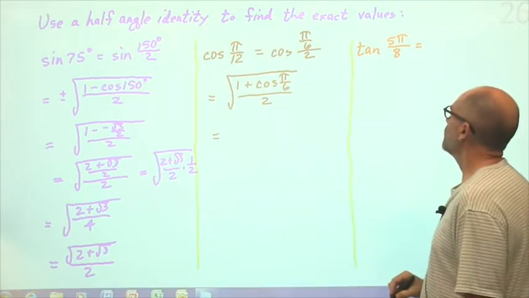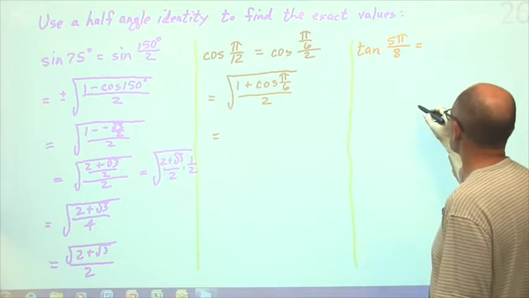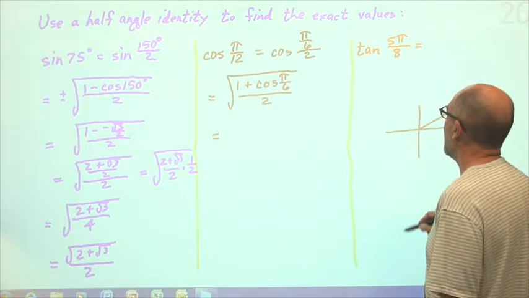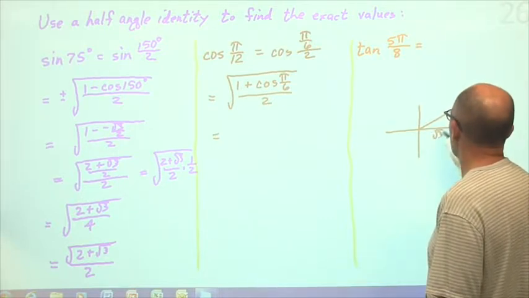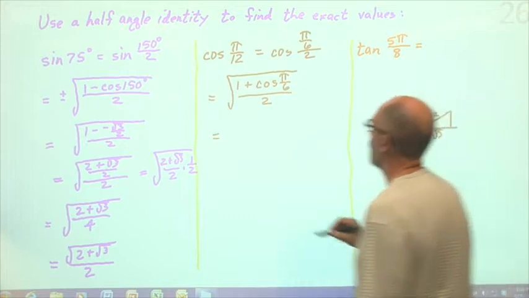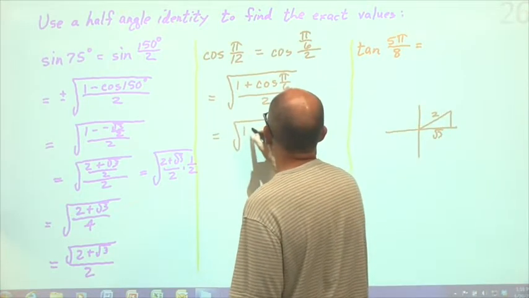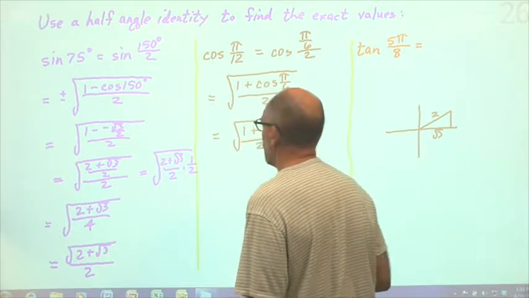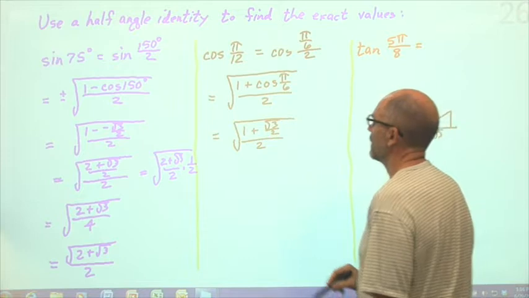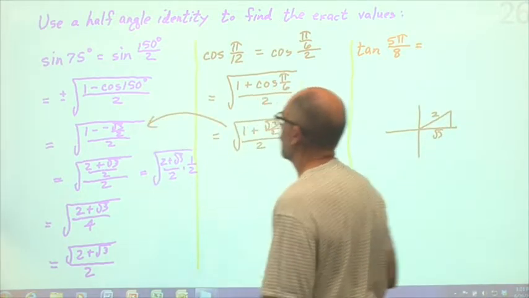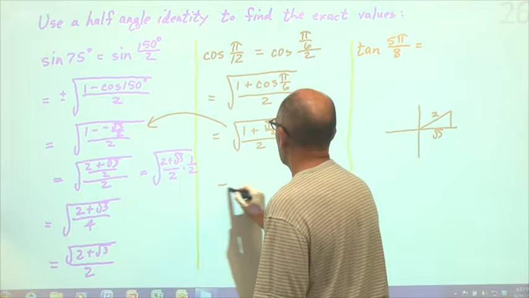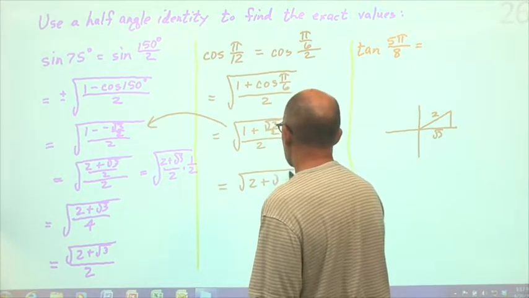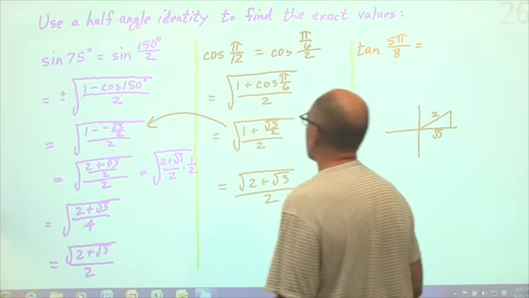Now, cosine of pi over 6, here's pi over 6, and cosine is square root of 3 over 2. So that means we have 1 plus square root of 3 over 2 over 2. Notice it's basically the same thing as what we had over here. So we know that the whole thing ends up being square root of 2 plus square root of 3 all divided by 2.